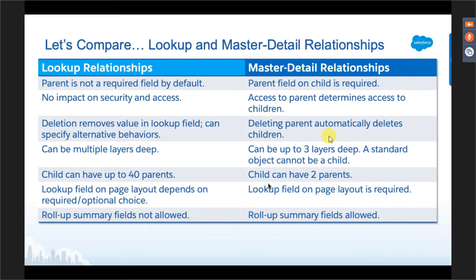A user object uses a different kind of relational field, and that relational field is not lookup or master detail. It is called a hierarchical relationship. That's the only relationship the user object may have, which means it may look back to itself. It does not do that directly.